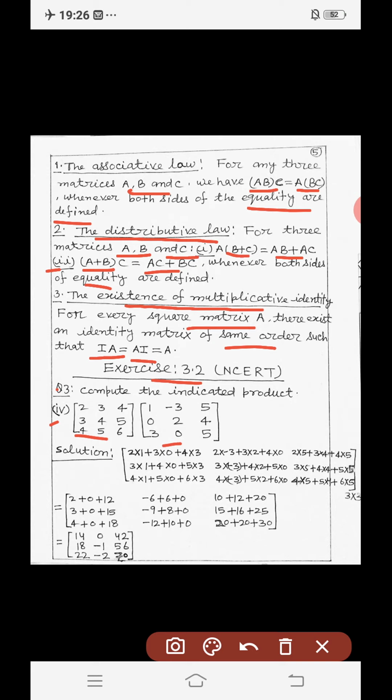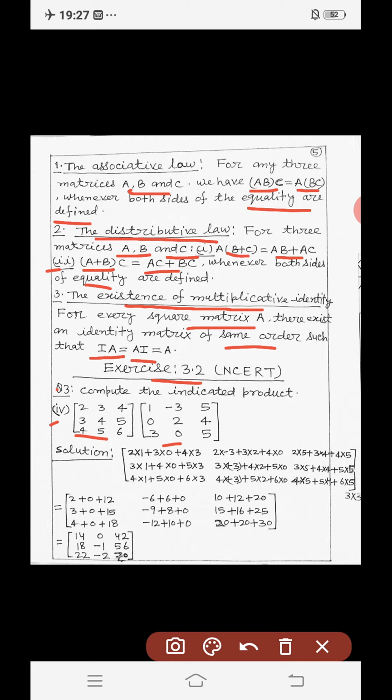We multiply the elements of the first row of the first matrix with the corresponding elements of the first column of the second matrix and then add them. In this way, we continue the process.